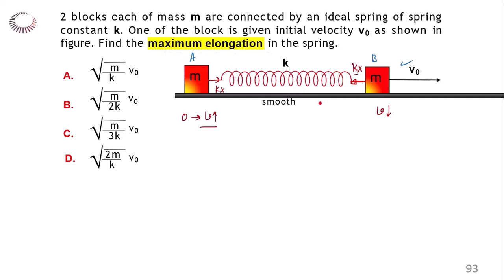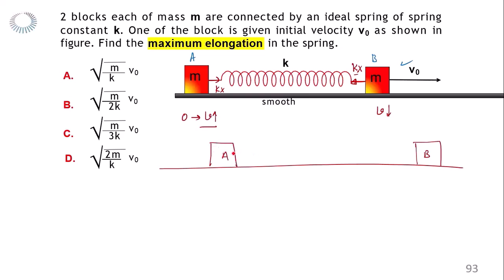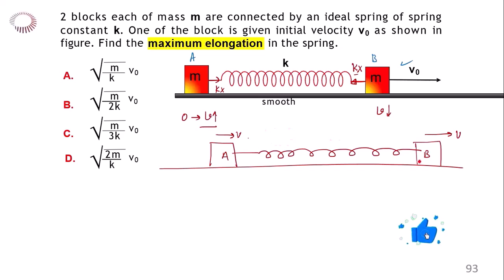So when the maximum elongation takes place, after some point of time, what you will observe is that both the blocks, let us say this is block B and this is block A, are connected with the spring, and once they are moving at the same speed, let us say both moving with V, then only I can say the spring is at maximum elongation.